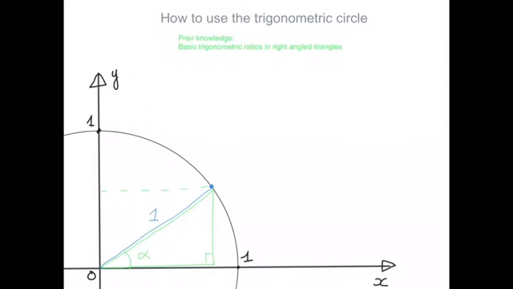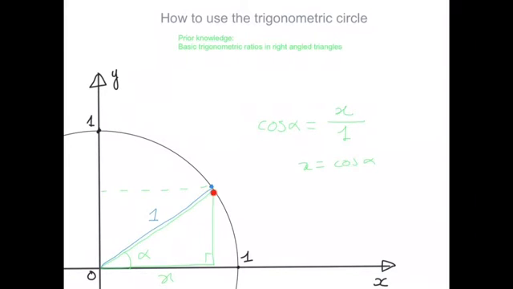Using basic trigonometry, cosine of alpha is the adjacent side, which we call x, divided by the hypotenuse, which is 1. This leads straight away to x equals cosine alpha.